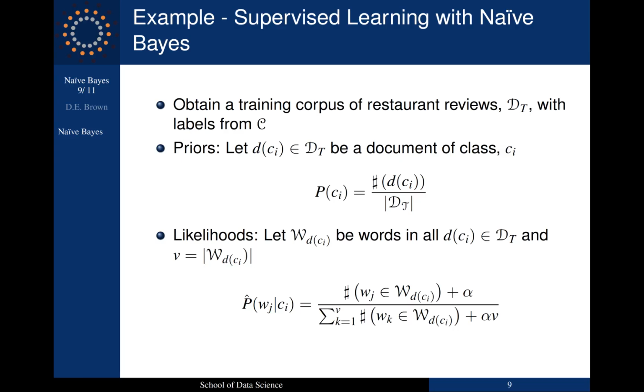Then the likelihood for a particular word given a particular class, say seeing the word good given a positive review, is the number of times we see the word good, with a little smoothing parameter, over the sum of all the words within that document, again with the smoothing parameter times the total number of words in the review.